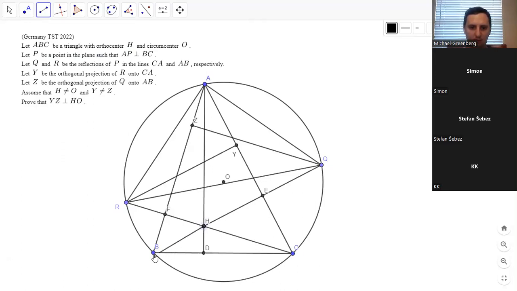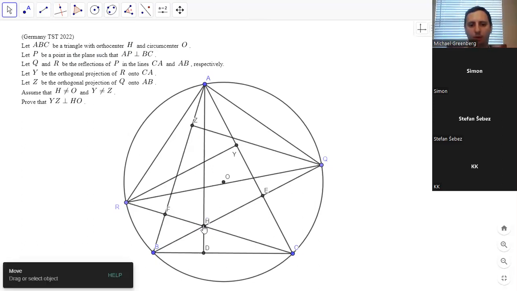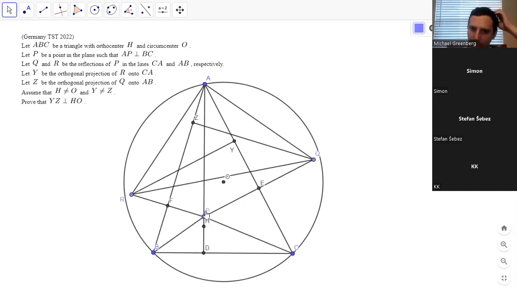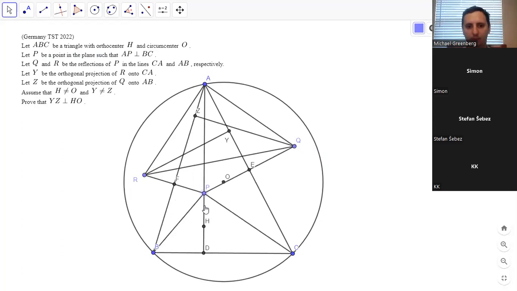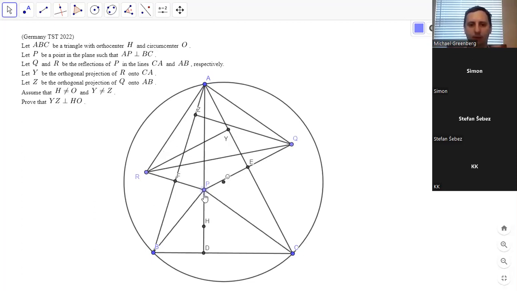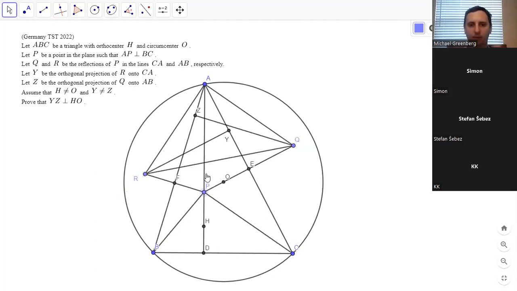Can we do that? Shouldn't we go with a more general case where these two points aren't congruent? Wait, say one more time. Oh, yeah, we can reduce the problem to the case where P is equal to point H. The reason is that as I move point P along segment AB, if you look at this whole figure, AR, PQ, and then AF and AE and YZ, it's just a scaling of the same figure, right?